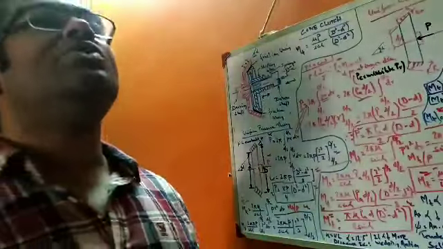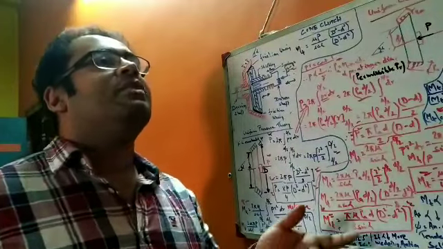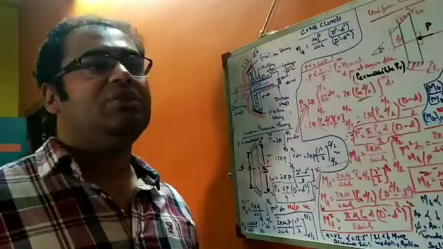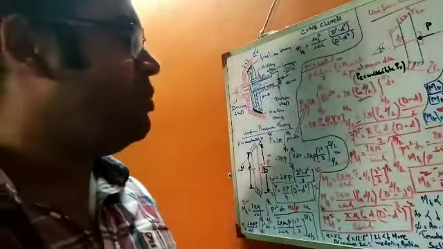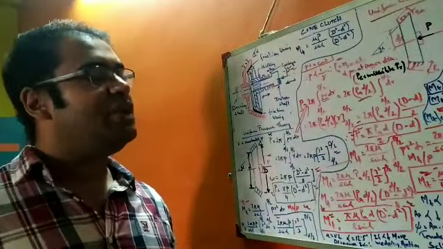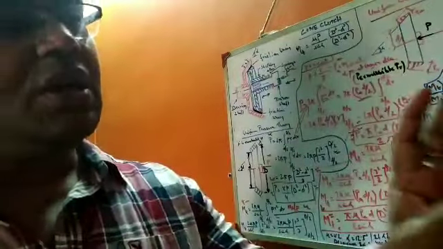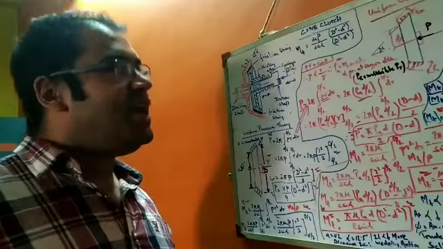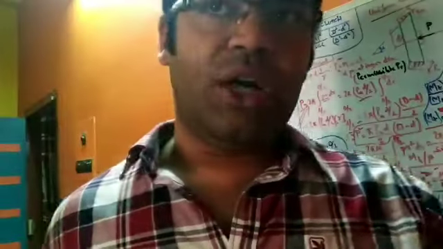We have also calculated the same for the uniform wear theory. So that's the end of the cone clutch.